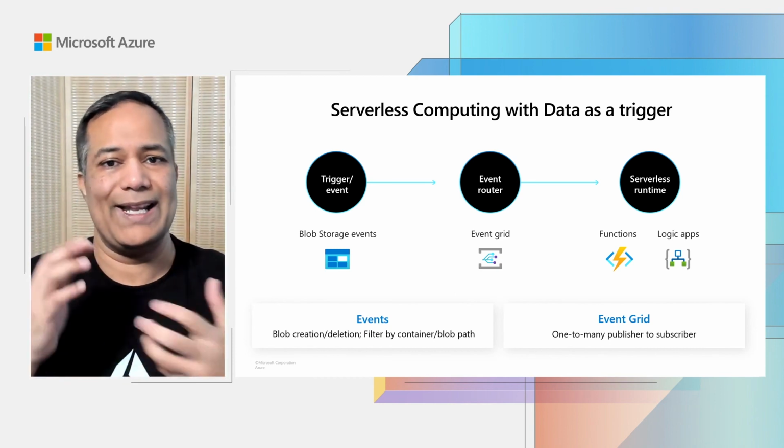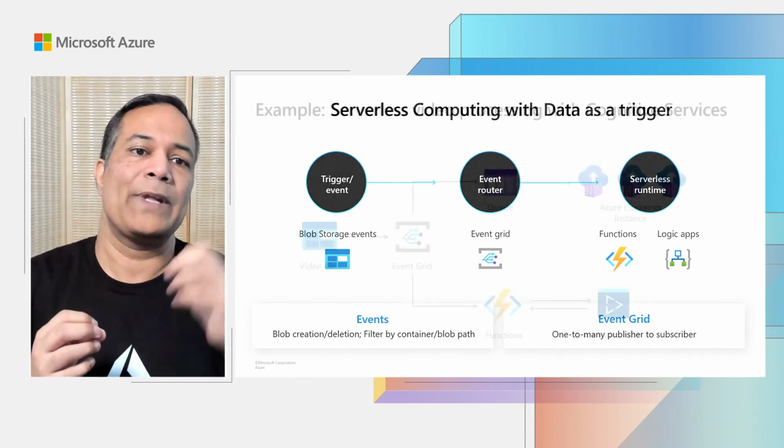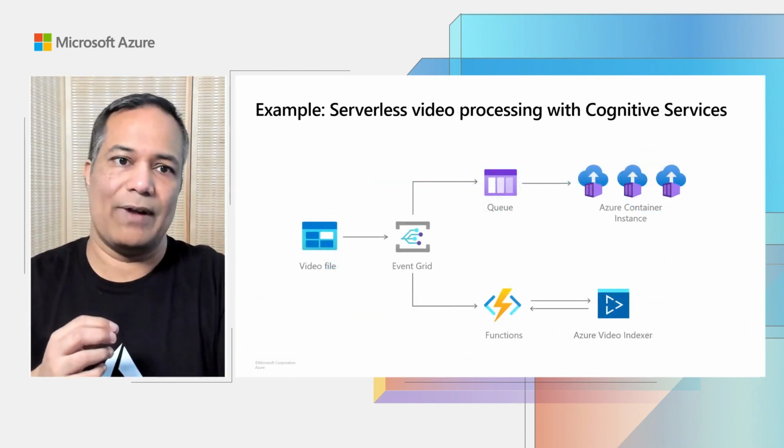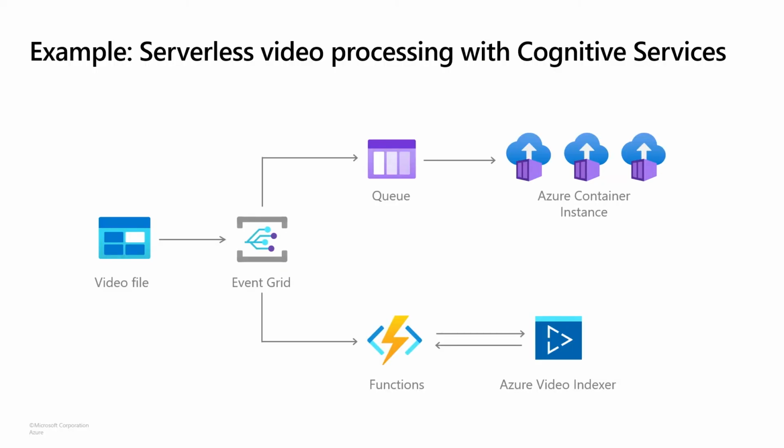Let's go look at an example of how that would work. Let's say you have a video file being uploaded. The blob creation event from that video file is published to Event Grid. Event Grid in this example is routing it to two different services. One, it's routing it to Azure Functions, and two, it's dropping it in an Azure queue. Azure Functions picks it up and sends it to the Azure Video Indexer service, which is one of our AI services that allows you to do frame-by-frame analysis.